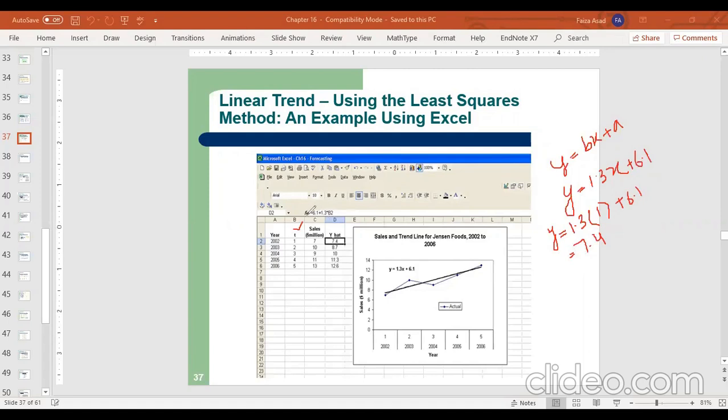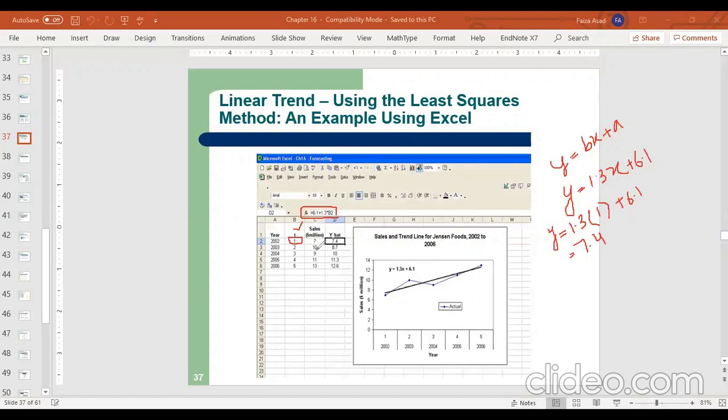So this is the calculation for y hat. If you look at the formula bar, 1.3 is multiplied by B2. B2 is this cell, 1 and 2 in the B column.